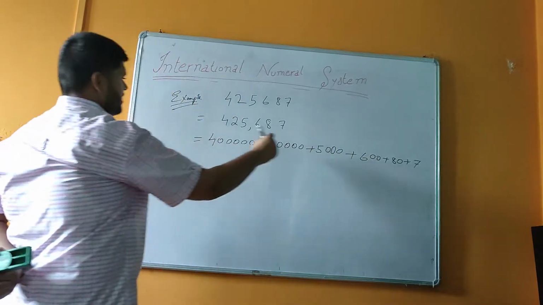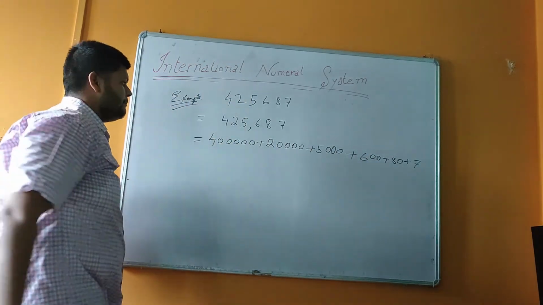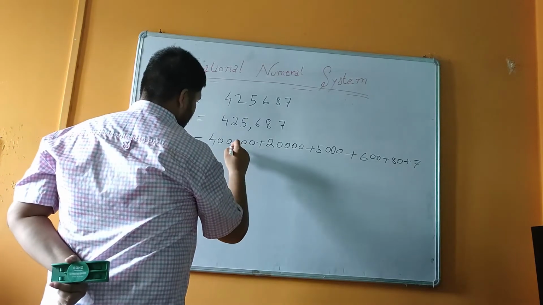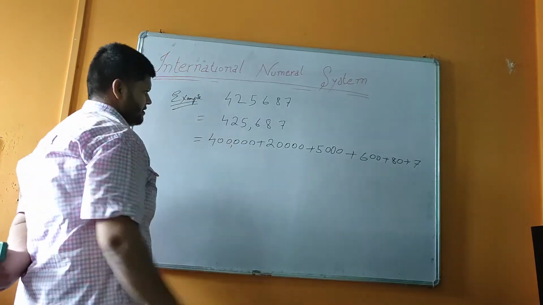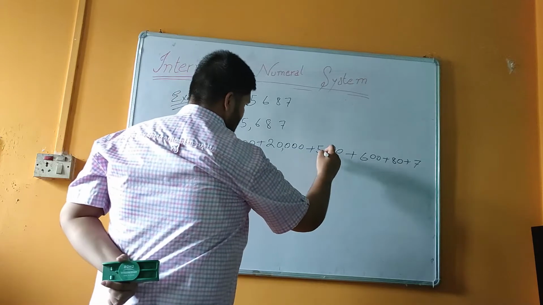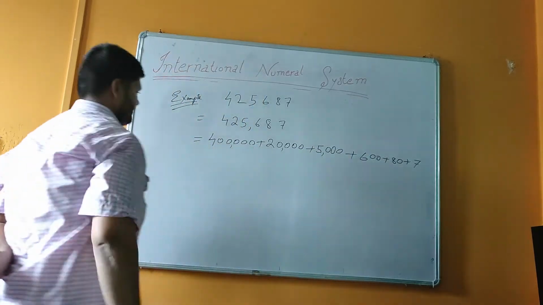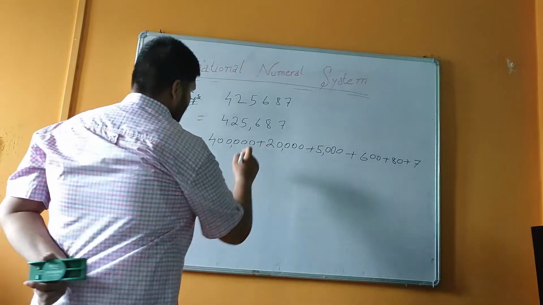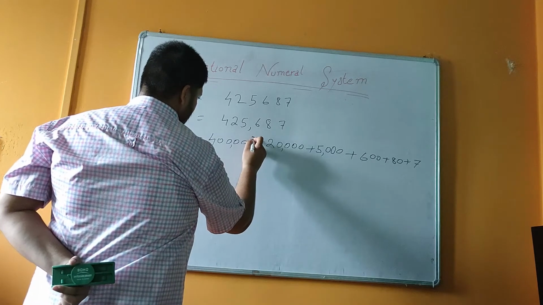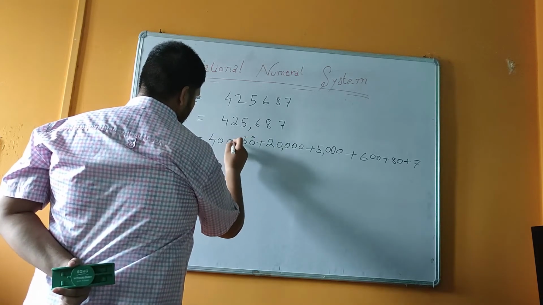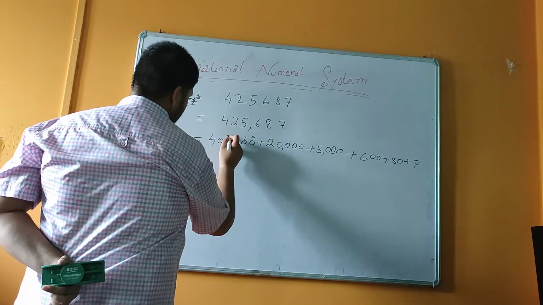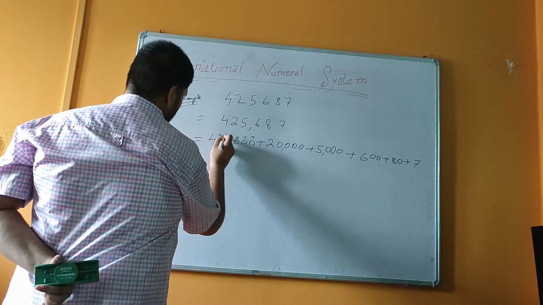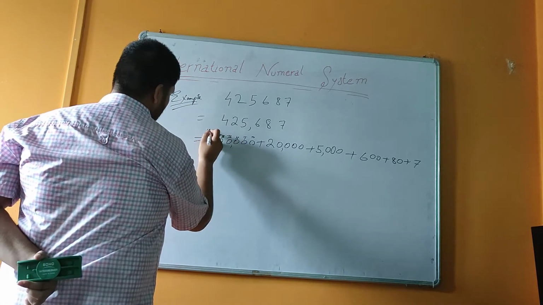When you add this number, you are going to get the same number. Okay. Now we will separate by a comma. Yes. 3 digits, 3 digits, 3 digits. This will be ones, tens, 100. This will be 1000. This will be 10,000. This will be 100,000.